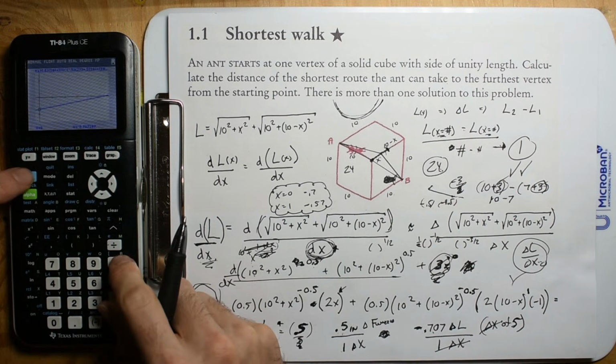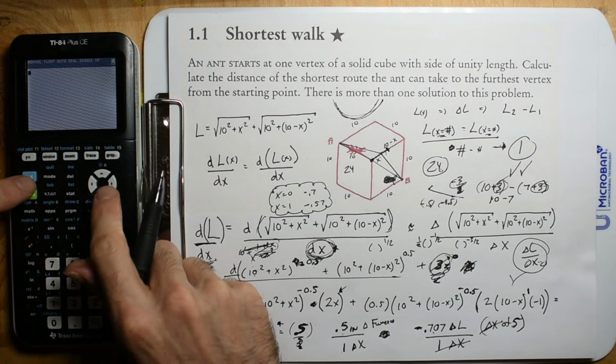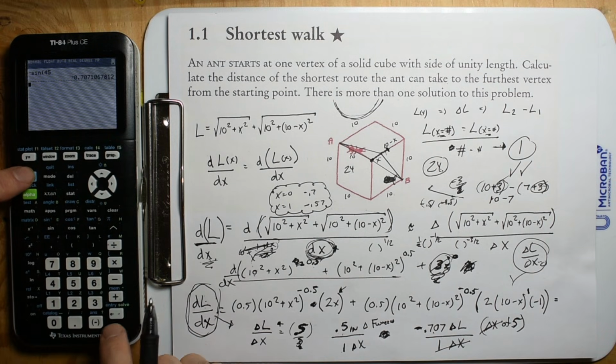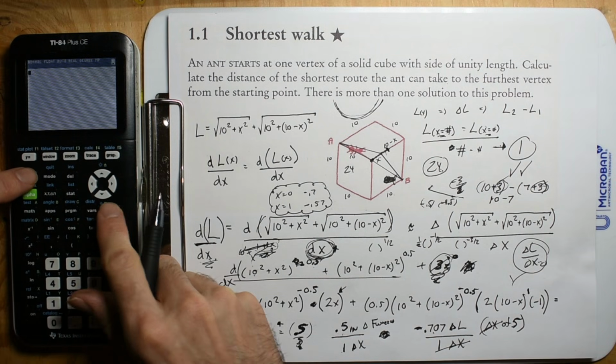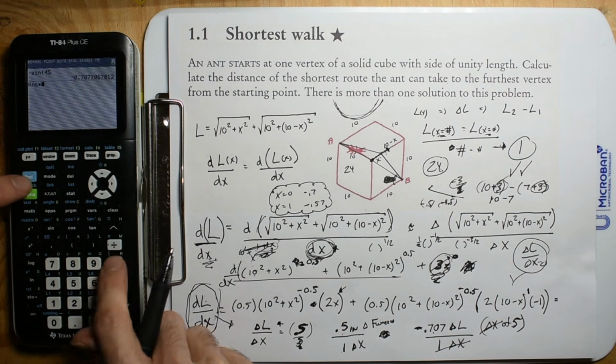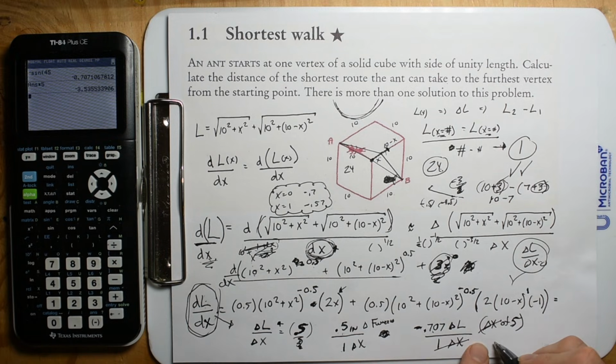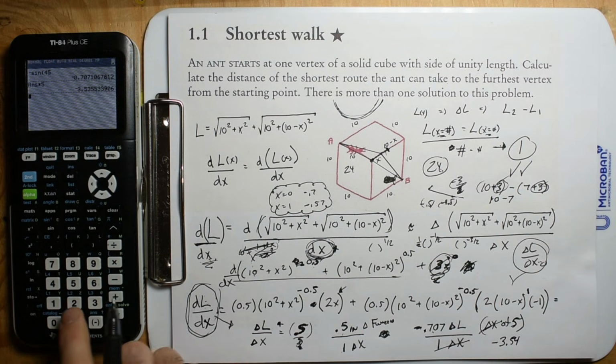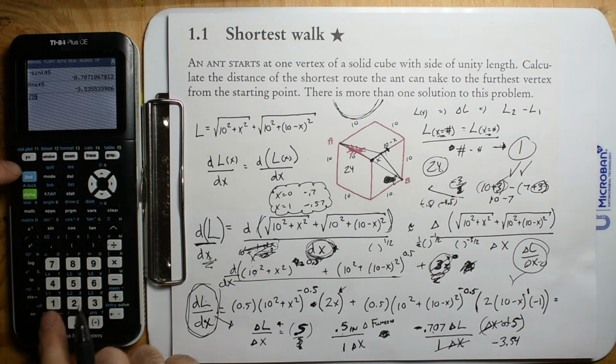But if I do that, so if we have negative, I guess that's sine 45, so if we have this number, and I multiply by 5, that's going to change my length by 3.54. So my length was going to be the square root of 200, plus 10.